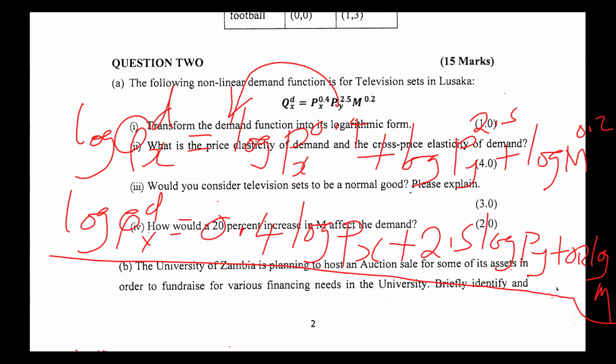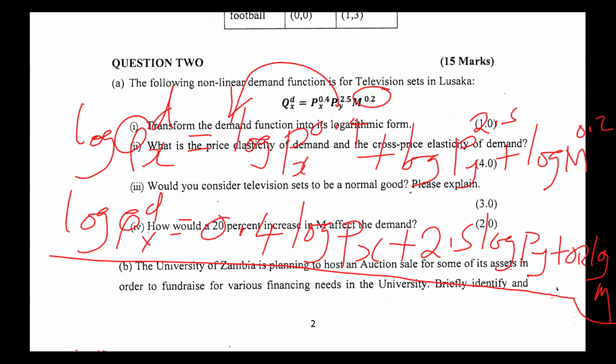We are transforming it into the log model. Remember, it wasn't a log model, it was a non-linear demand function. So we are making it linear by making it a log model. So a log to log model has been produced, and this is how it comes out. You've seen that all these exponents have dropped down as they are no longer powers, but they have become coefficients. You got it?